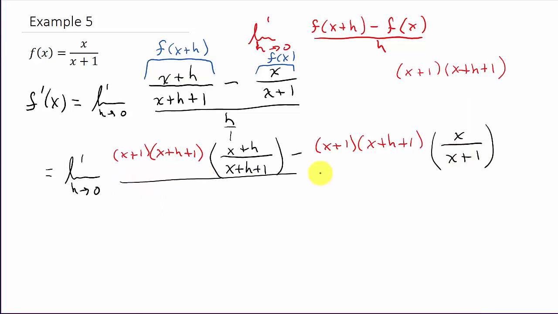And then all of that is over h times the common denominator, so that's going to be x plus 1 times x plus h plus 1.